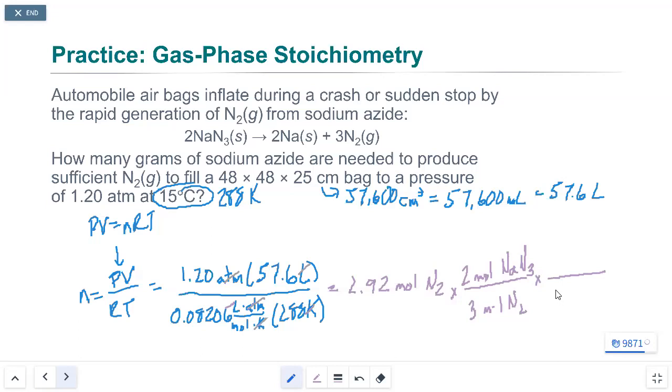And then the molar mass of sodium azide, 1 mole of sodium azide: sodium 22.99 plus nitrogen 14.01 times the 3 of them, 65.02.